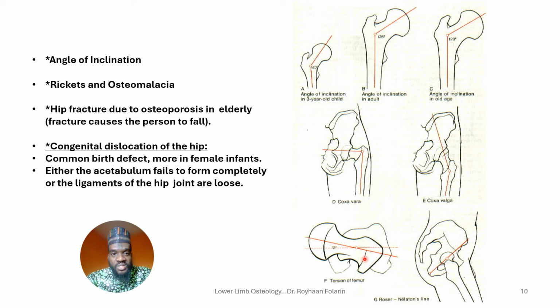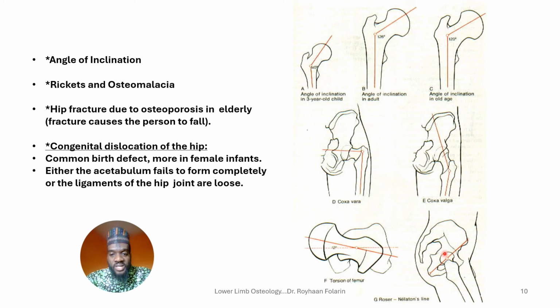It's measured as the angle between the femoral neck and the transverse axis of the knee. When torsion happens, it's an abnormal thing, and it affects lower limb alignment and gait.